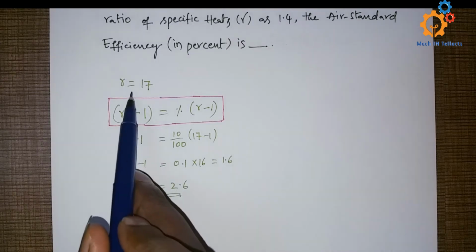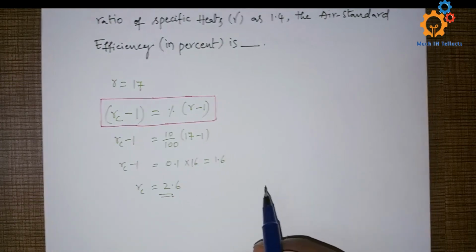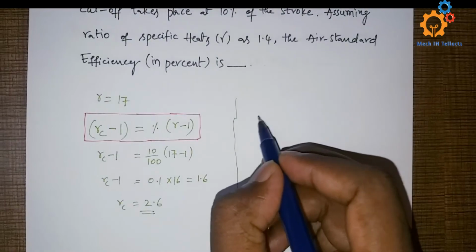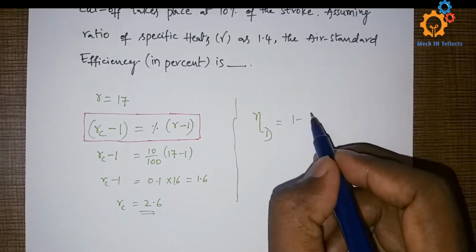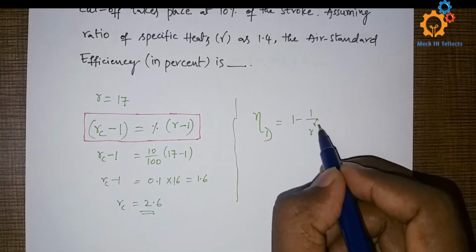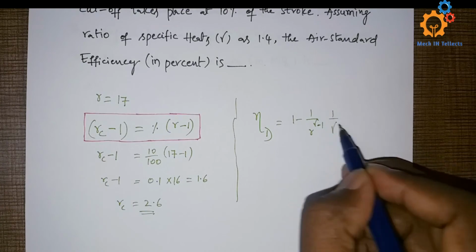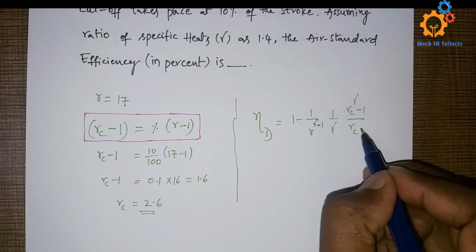So now I have compression ratio and cutoff ratio. Then I will easily find out efficiency. So efficiency of diesel cycle is equal to 1 minus 1 by R power gamma minus 1 into 1 by gamma, RC power gamma minus 1 by RC minus 1.